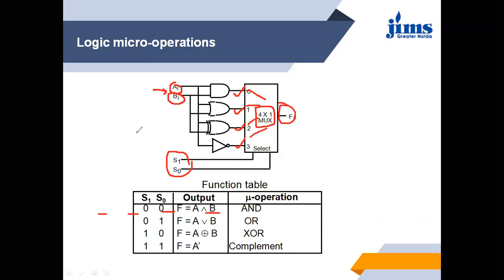As there are two selection lines, values can be 00, 01, 10, and 11. So based on these four different combinations, we can select the operation.